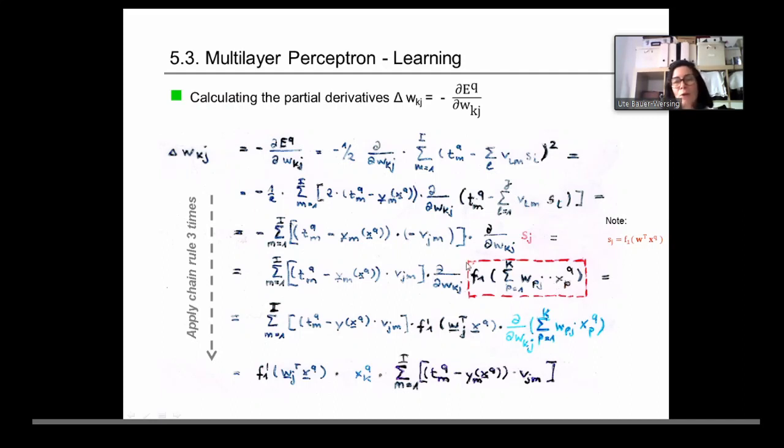Okay. So when we focus on this boxed term here, we do see this is a nonlinear activation function. So getting the partial derivative with respect to Wkj involves applying the chain rule again. So first we have to get the derivative of the sigmoid transfer function, which is f1 prime, right?